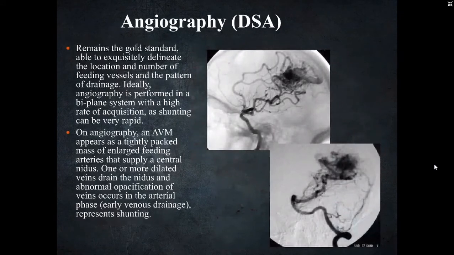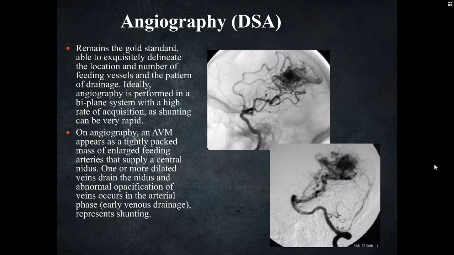Conventional angiography, or DSA, digital subtraction angiography, still remains the gold standard, and it can delineate the location and also the number. We can count the feeding arteries and see the pattern of drainage, and that's why angiography is performed in the biplane system with a high rate of acquisition, as shunting can be very, very rapid.